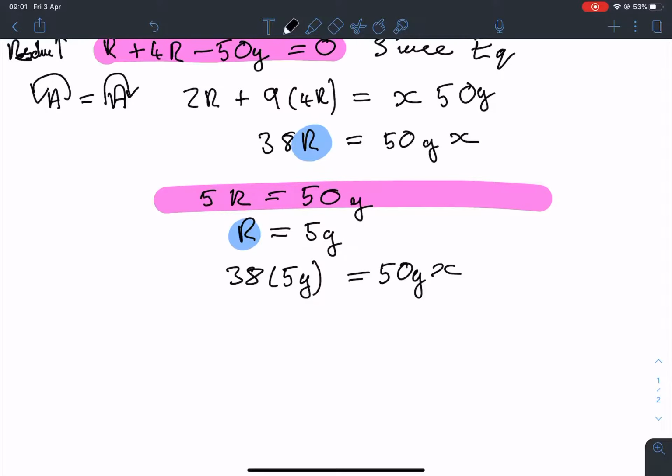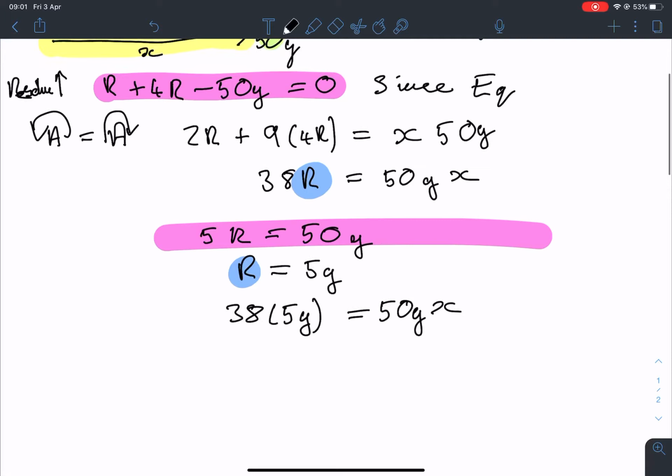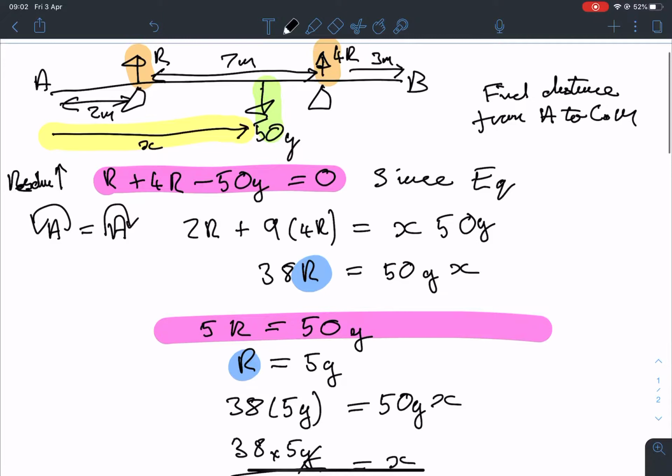Divide down by the 50g, and we get 38 times 5g over 50g equals x.